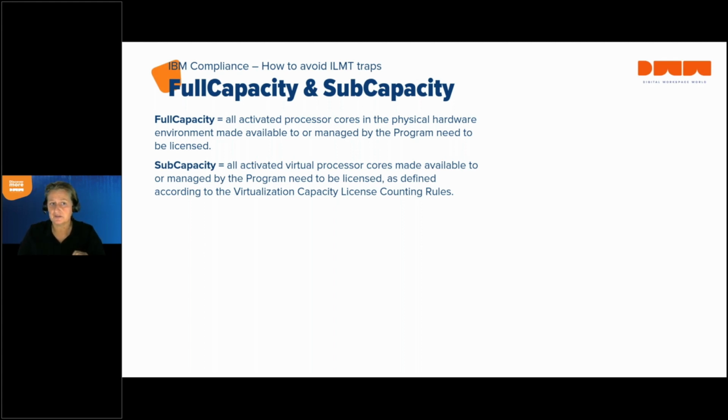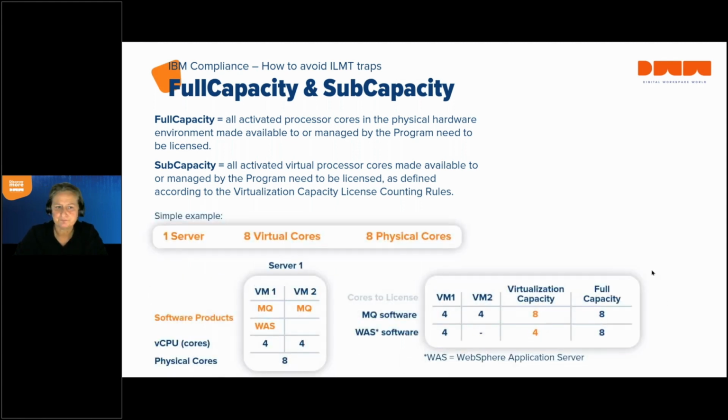Other big vendors, they go for all the cores. But assume that you have a virtualized infrastructure and you only have a portion of these physical cores being used by a virtual machine which has IBM software in place, then subcapacity means that you're able to only calculate using the cores within this virtual machine.